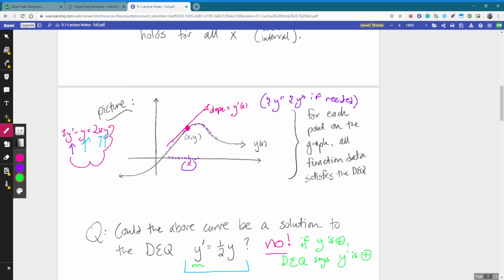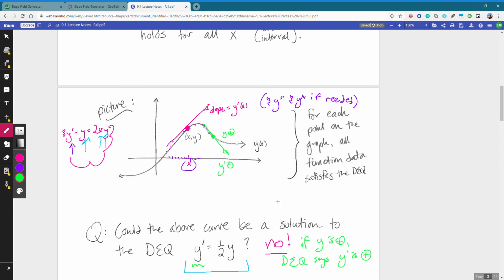But if we look up on our curve, in fact, here's a point on our curve where y is positive, but if we look at the slope of the tangent line, y prime is negative. And so that is one way to see that this particular function here could not be a solution to this differential equation. There are others as well, and you might have thought of one.